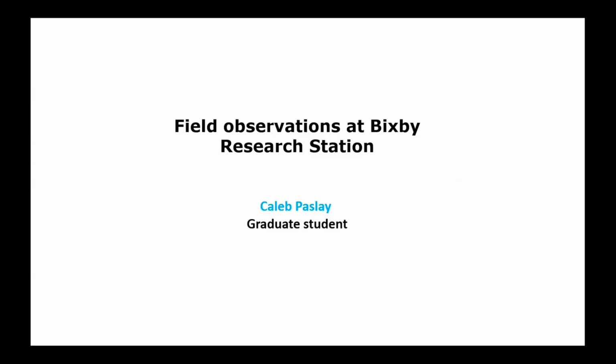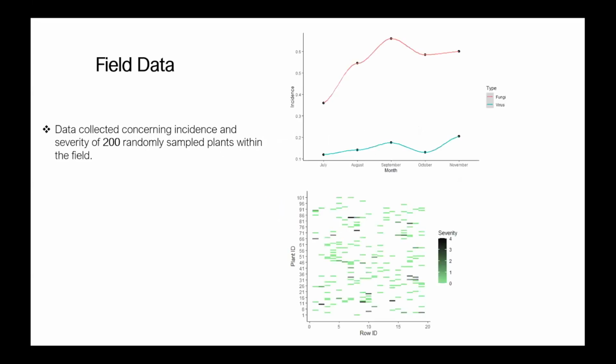Okay. So these are just our observations from the Bixby research field. I'll go over those briefly. We've collected some data over time. We've been collecting 200 randomly sampled plants from our field. You can see on the top right the incidence. We're looking at both virus-like symptoms as well as fungal leaf spot, and you can see the incidence over time for both.